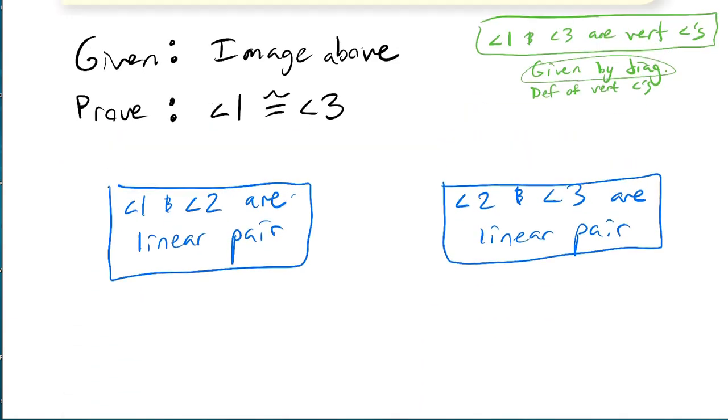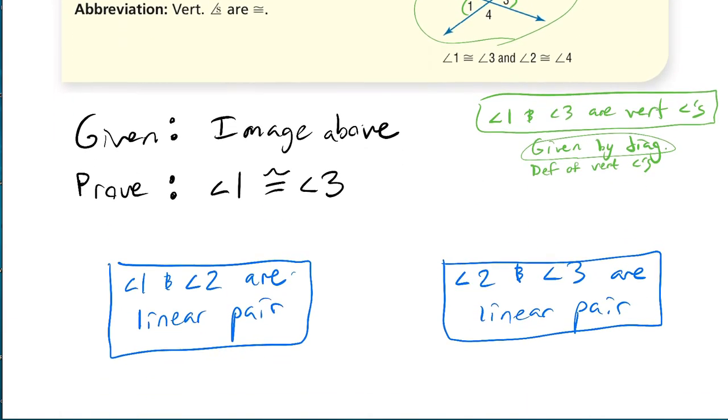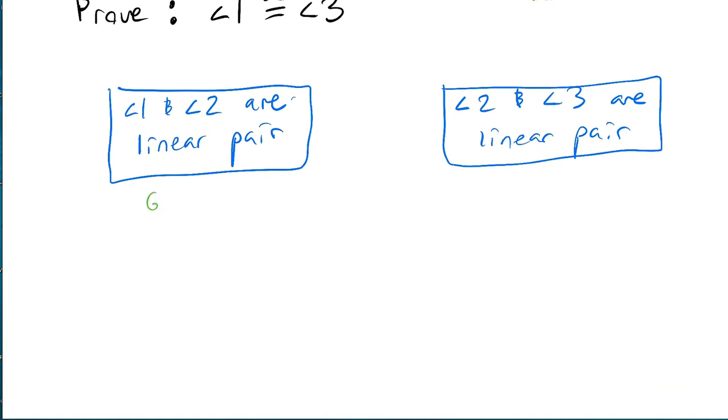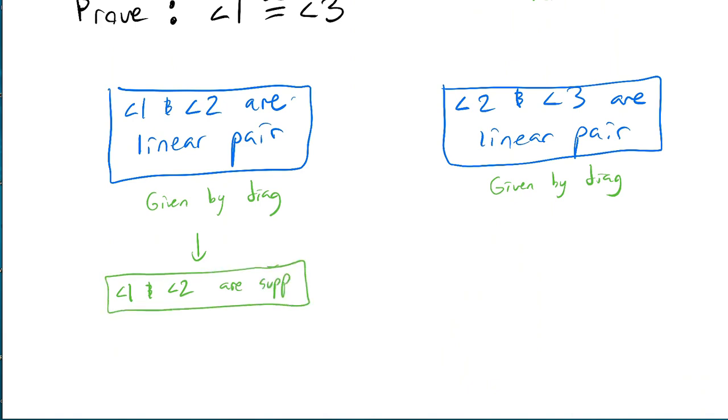So if we know angle 1 and angle 2 are a linear pair, and that was given by the diagram, and angle 2 and angle 3 are a linear pair, and that was given by the diagram, then you could go straight to angle 1 and angle 2 are supplementary, and angle 2 and angle 3 are supplementary.